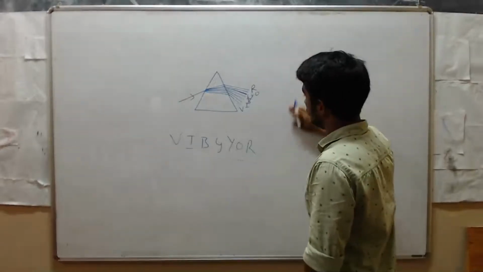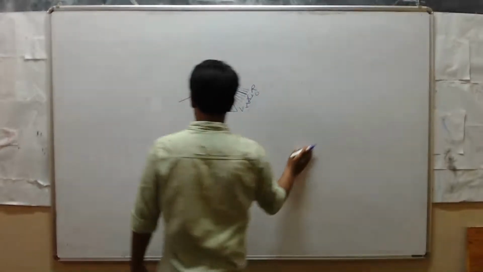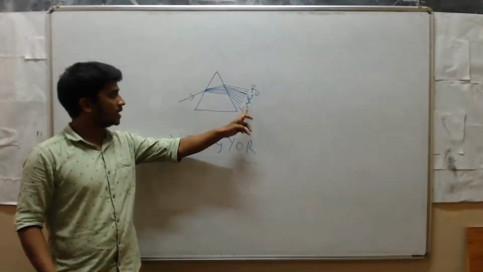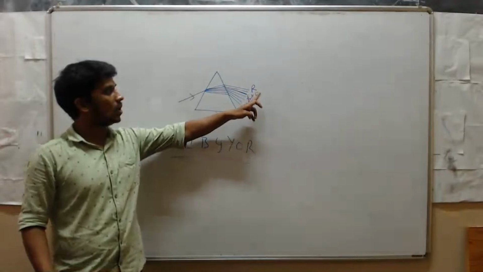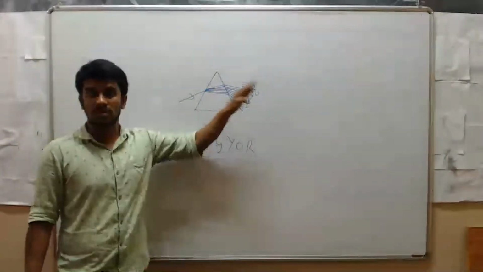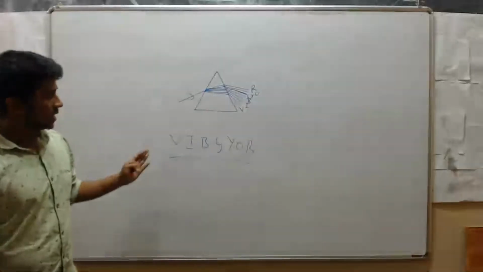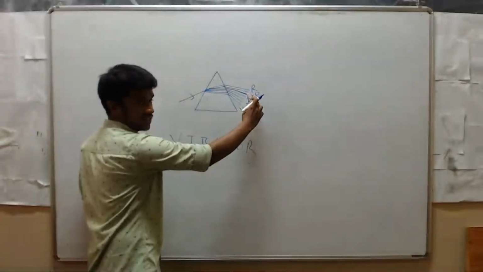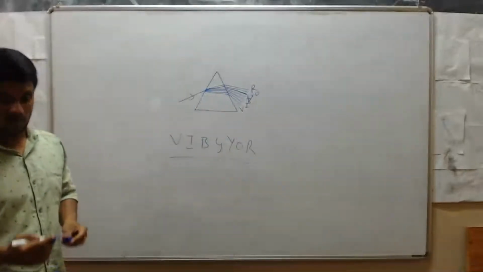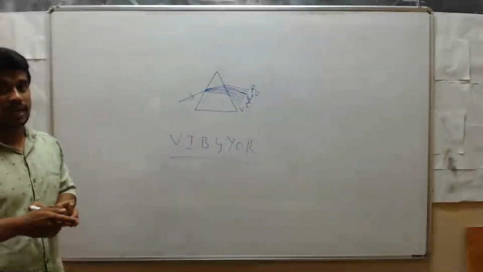Always you will get this pattern only, VIBGYOR: violet, indigo, blue, green, yellow, orange, red. Always you will get the colors in this order only. So here we obtained a band of colors, right? This band of colors we call a spectrum.